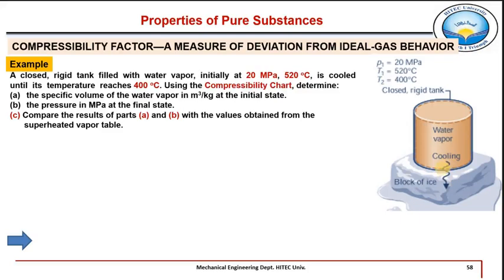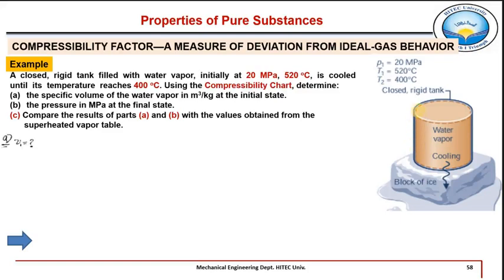Cooling is being performed, and that's why, for example, this tank is placed on a block of ice. It is being cooled from 520 to 400 degrees Celsius. Heat is leaving the system, and the system boundaries are shown here by dotted lines.